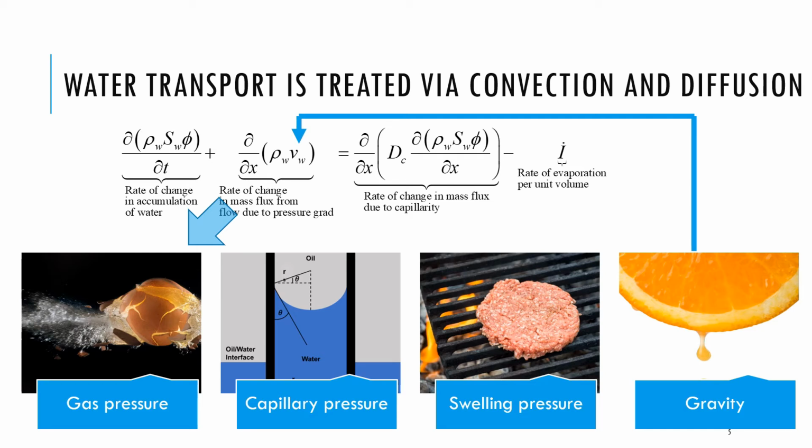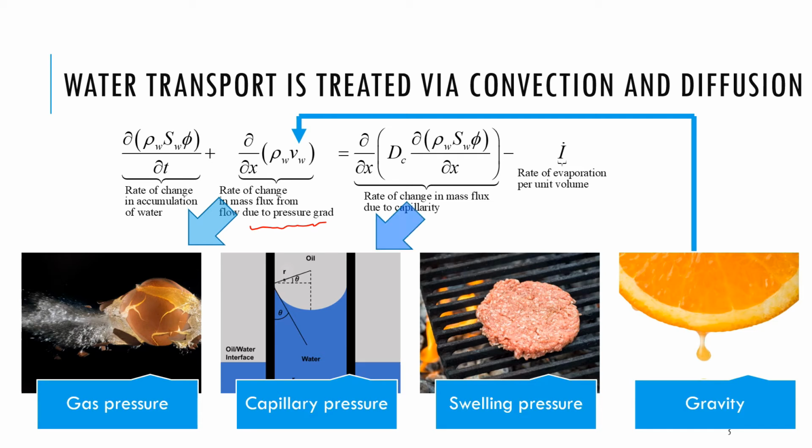Now, gravity is typically not important because quite often the food matrix is unsaturated, so the capillary pressures are much stronger than gravity. But we can have gas pressure. So those are the two that are included in the convective term.